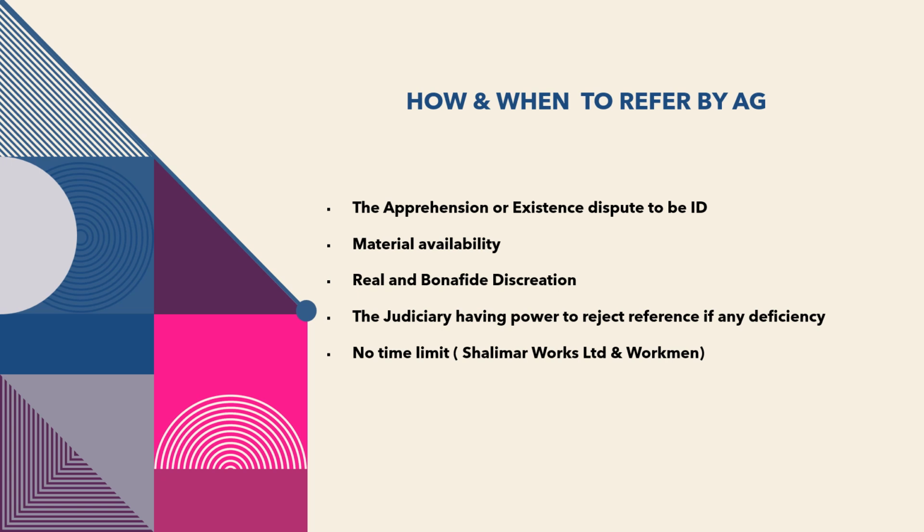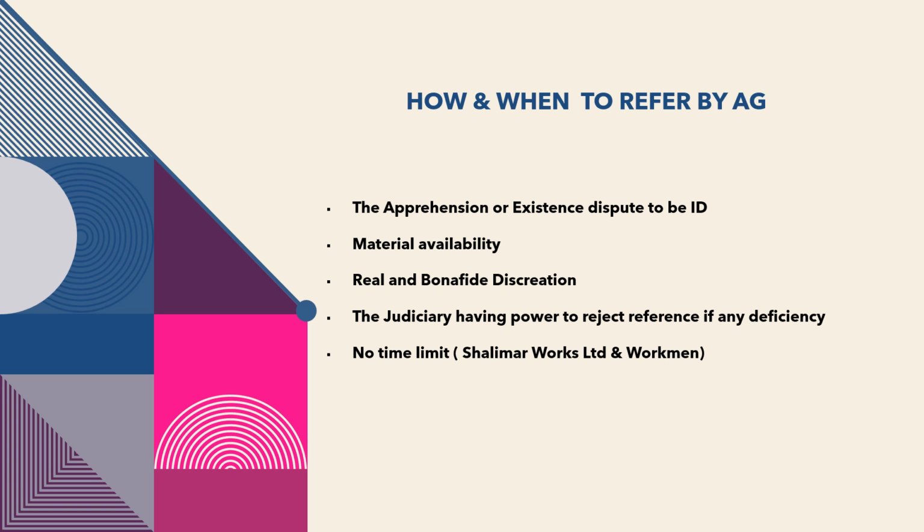Or the appropriate government themselves can take up the matter into their custody and try to resolve the dispute, or they can get the opinion from the labor court and give the award based upon the law prescribed under the respective act. They cannot go beyond what is set in the act. Then, what is the availability of the material? Based upon that only, the appropriate government's scope will be decided.